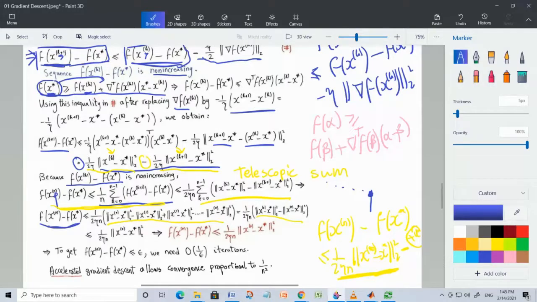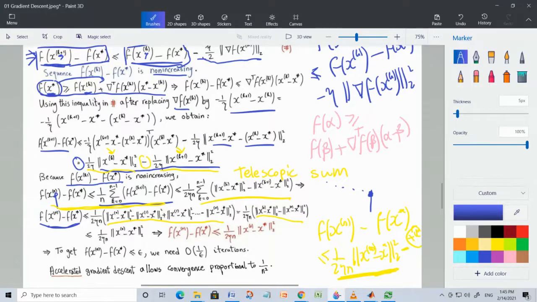Okay, so what is this quantity? This is the difference between the value of the function you get at the nth iteration and the minimum, f of x star.